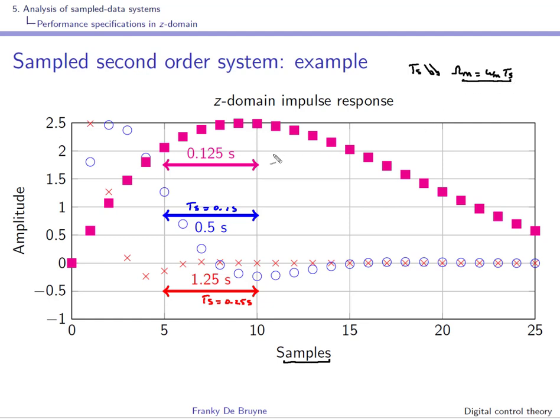You can clearly see that when Ts is decreasing, the natural frequency is becoming smaller and smaller in discrete time. This is because we have represented everything in terms of samples and we have normalized with respect to the sampling period.